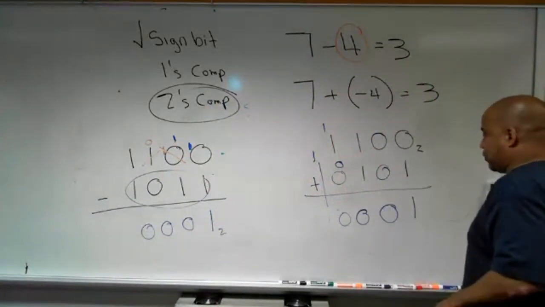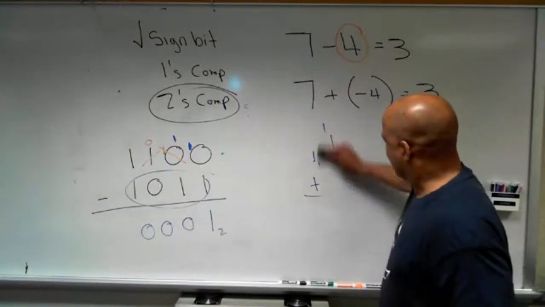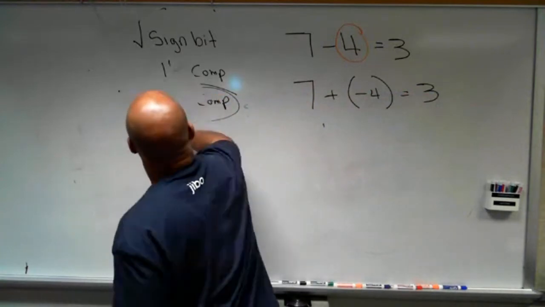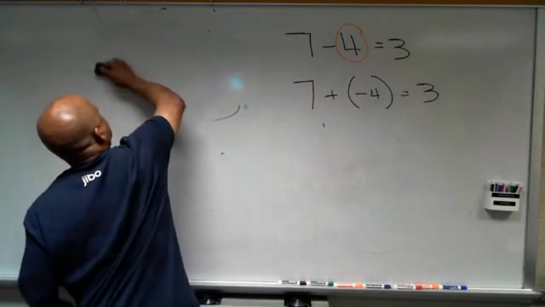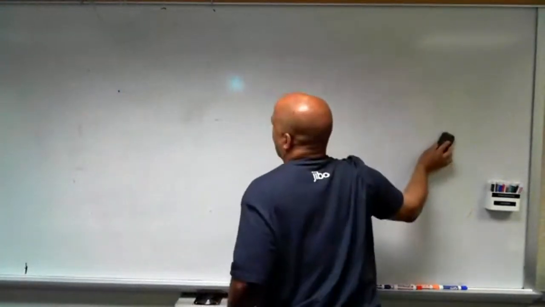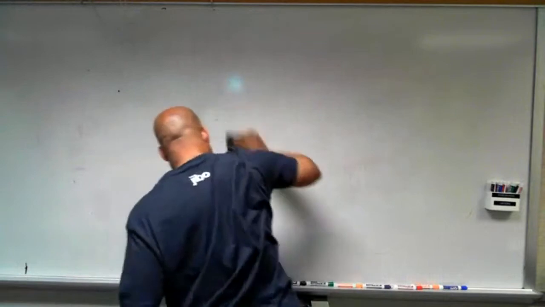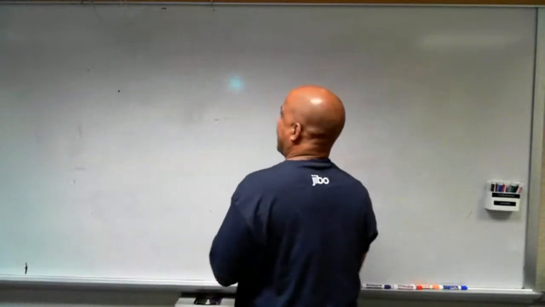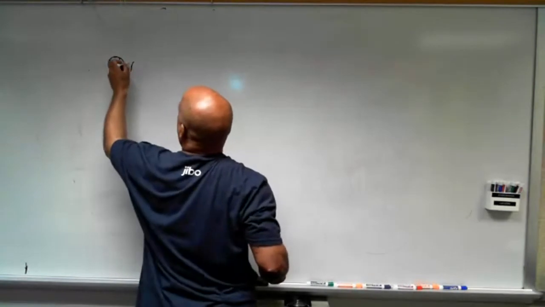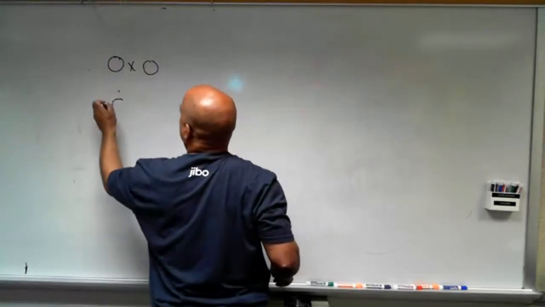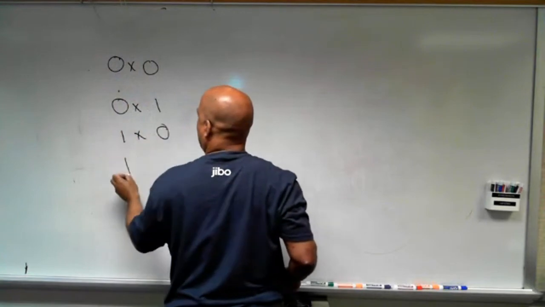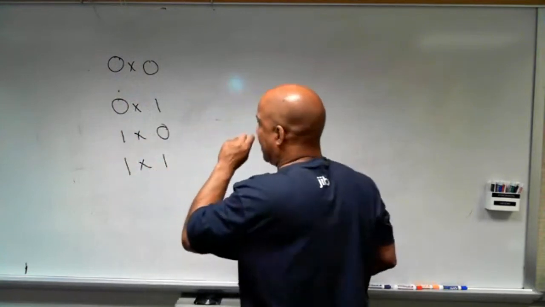So let's do the last one, multiplication. That is the easiest of all. It's super, super easy. You just got to remember one thing with multiplication. So multiplication, you have a 0 times 0, 0 times 1, 1 times 0, or 1 times 1.